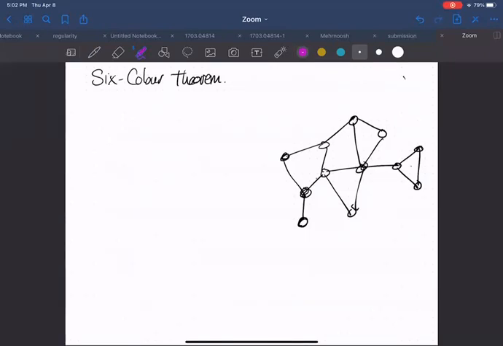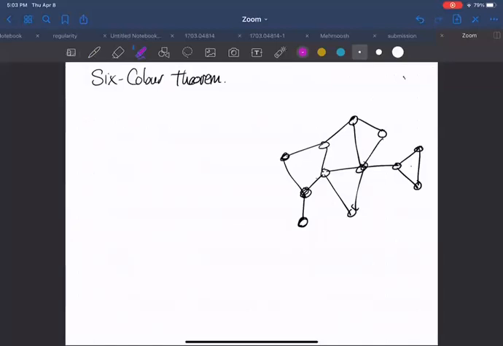In fact, there's a formal notion of this. It's called the dual, in which the dual graph is the graph you get by putting a vertex inside every face and connecting two of those faces if they have an edge in common. So when we talk about maps and countries in maps that share borders, or we talk about graphs that have vertices with an edge between them, it's really the same thing.